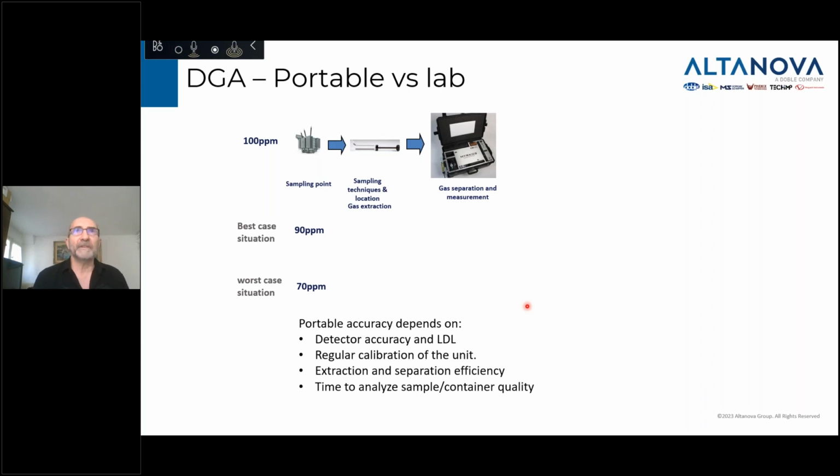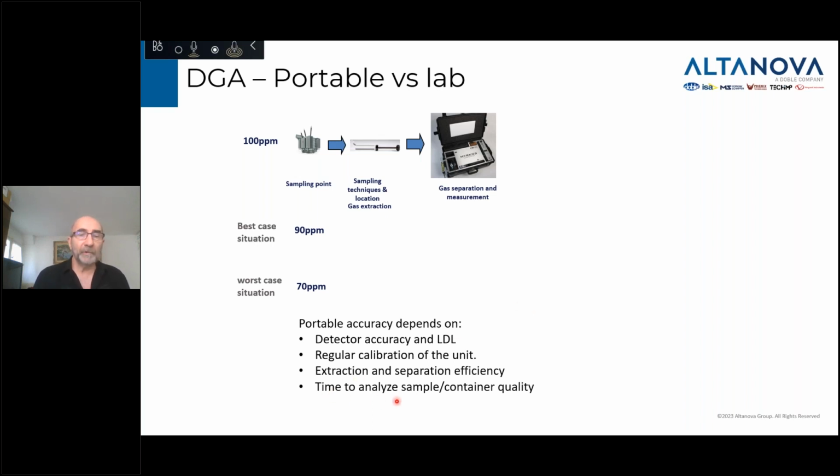There are different ways of extracting the gases. Mostly everyone today is using headspace, but the length of the headspace extraction has an effect on how much gas is extracted, especially the heavy gases. Heavy gases are much more difficult to extract out of the oil than light gases like hydrogen and carbon monoxide.